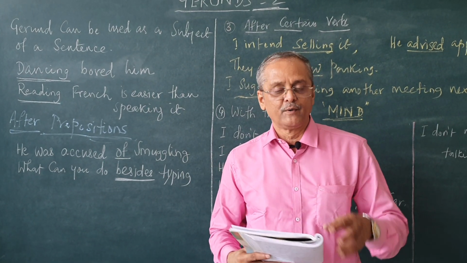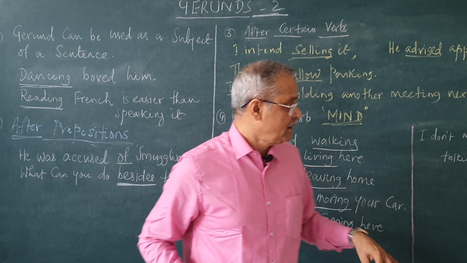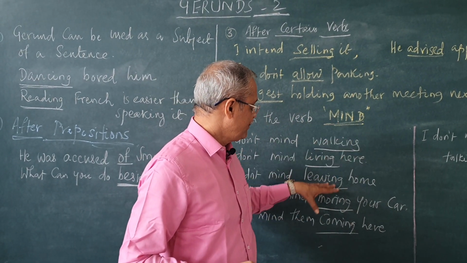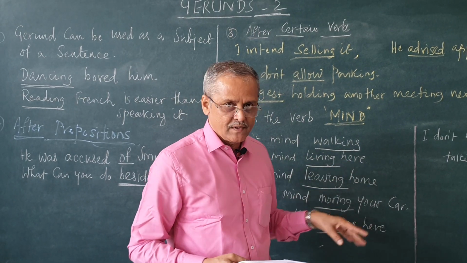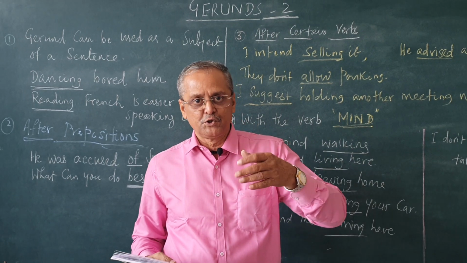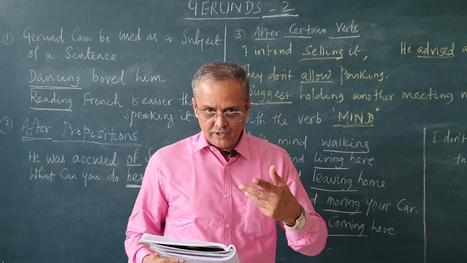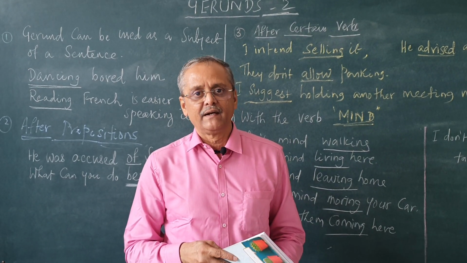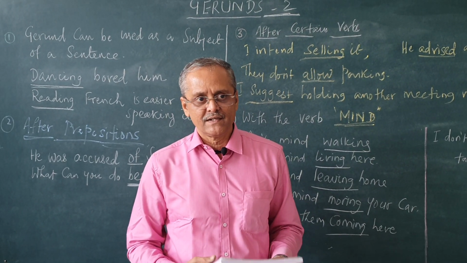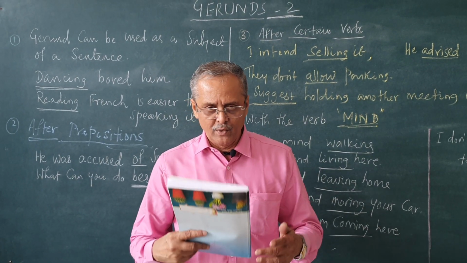So, with some prepositions also we use gerund, with some verbs we use gerund, with the verb mind we always use gerund. So, these two parts, part 1 and part 2 of gerund, we have seen plenty of examples. Learn these examples and construct your own sentences, create situations, and use gerund appropriately and accurately in your day to day communication.